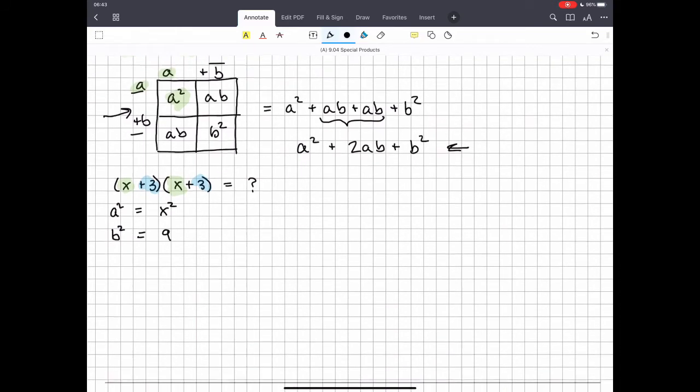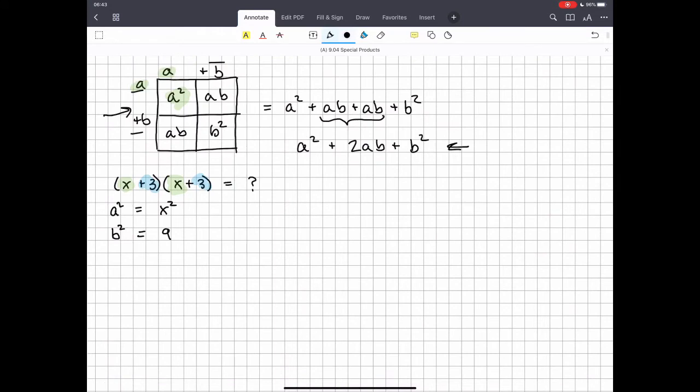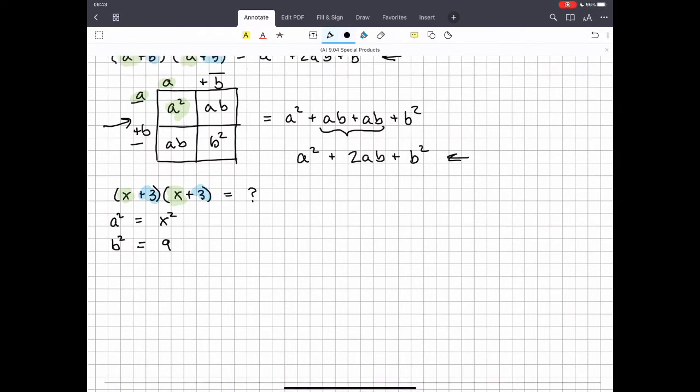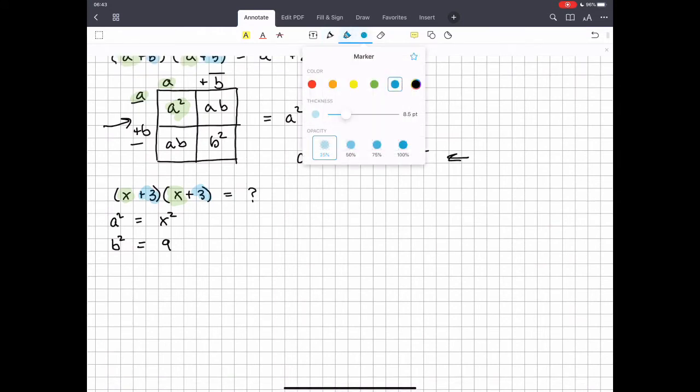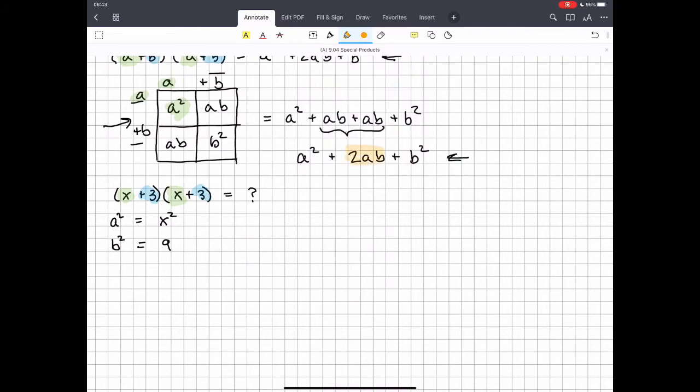Now we need that middle term, which is going to be the 2ab. We get this result by taking 2 and multiplying it by whatever the a term is, which in this case is x, and then multiplying it by whatever the b term is, which is 3.